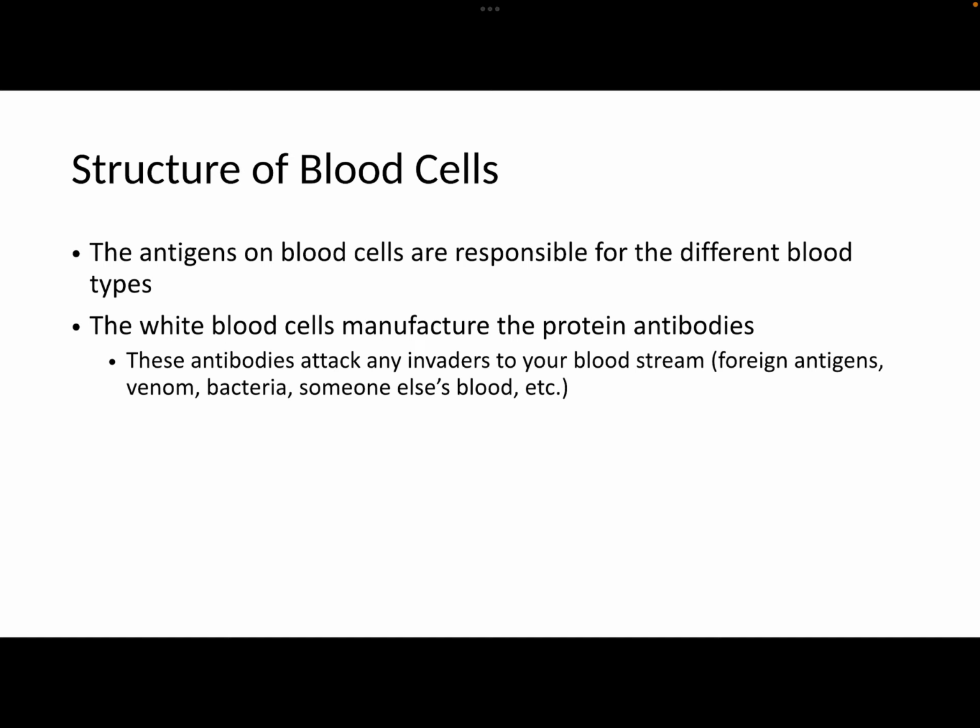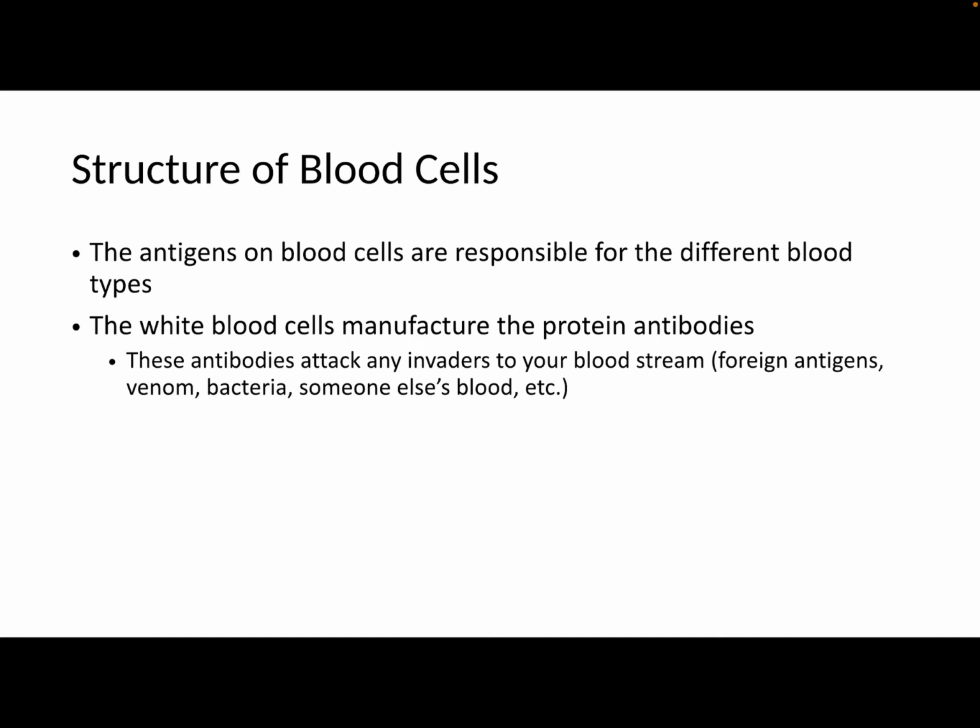So when looking at our blood cells, the antigens on blood cells are what is going to be responsible for your blood type. And then our white blood cells manufacture our protein antibodies. So our immune system all starts with our white blood cells.